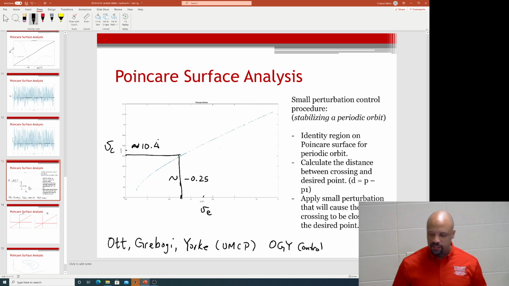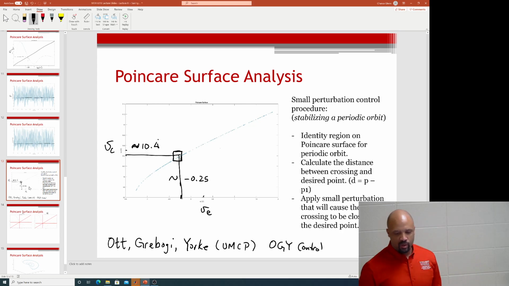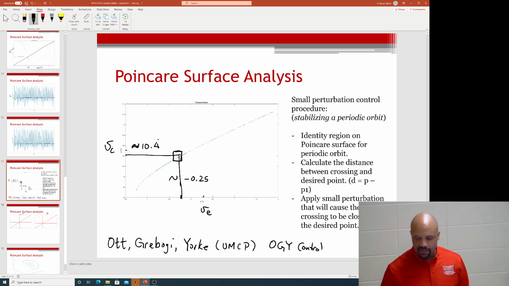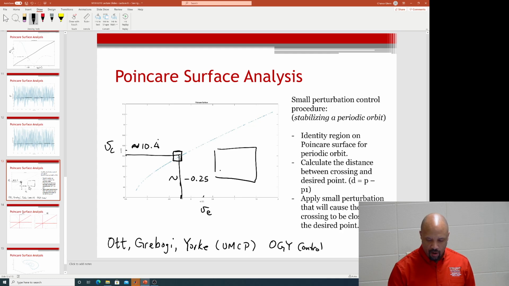So here's the procedure we're going to take. We're going to identify the region around the fixed point. We're going to calculate the distance between the crossing. So let's blow this box up and say that there are points that fall in here, and say that this is the actual fixed point, and these are the points.